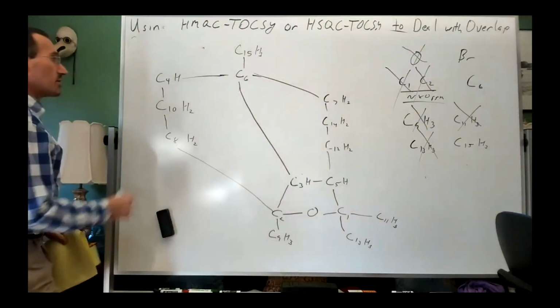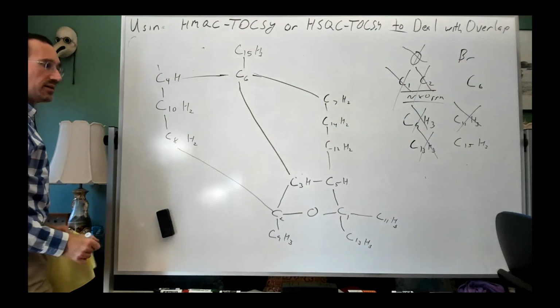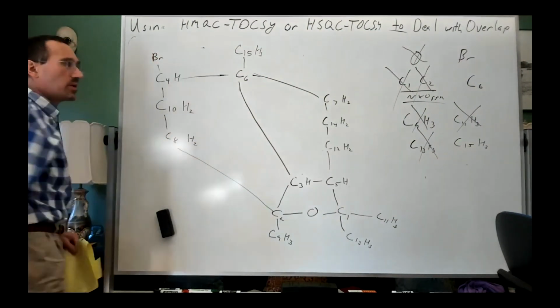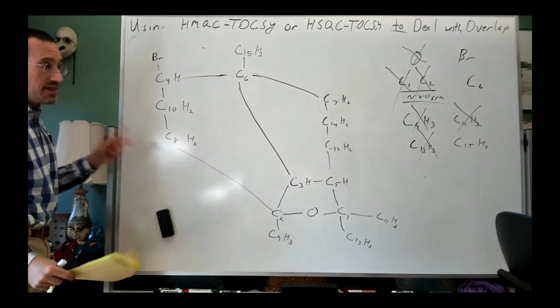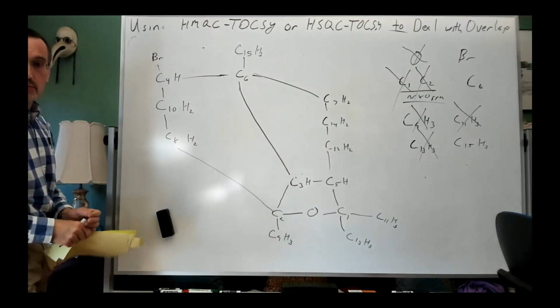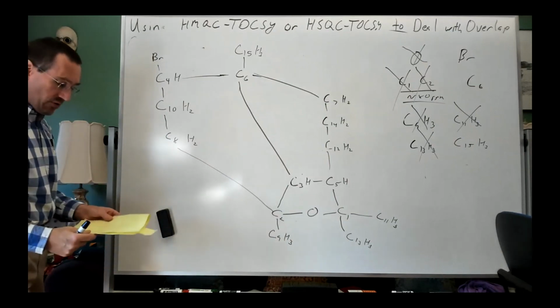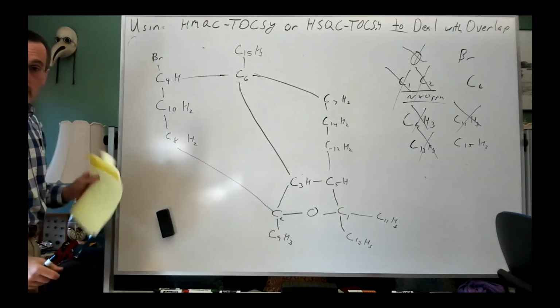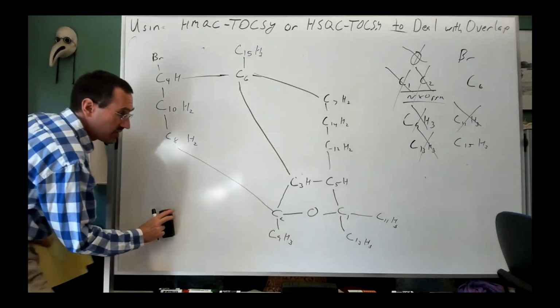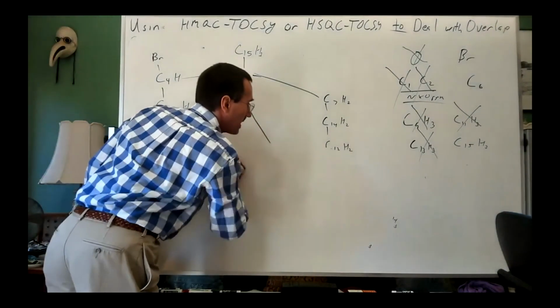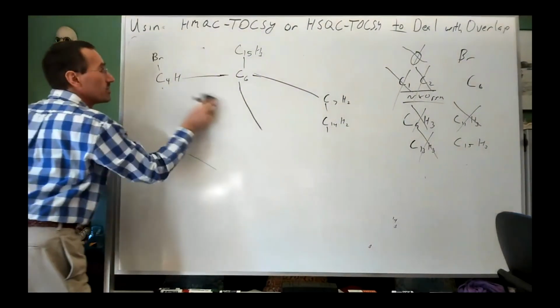That completes our skeleton. We have 1 valence left over here. That's where our bromine goes. That's the structure of the molecule. That's all the connectivity. I'm going to redraw this molecule now. We don't have the stereochemistry, but I'm going to give us the stereochemistry and explain the transformation that we observed.